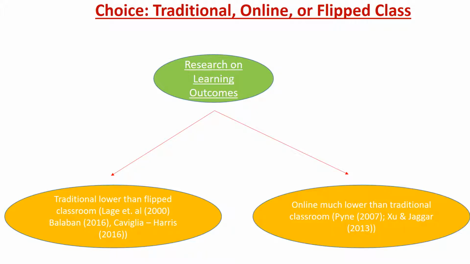And then we also have research which compares online to traditional class, and the student performance in online classes is much lower than what we have in a traditional class. So if we were forced to rank different teaching methods in terms of student performance, flipped will be on top, followed by traditional, and then followed by online classroom.